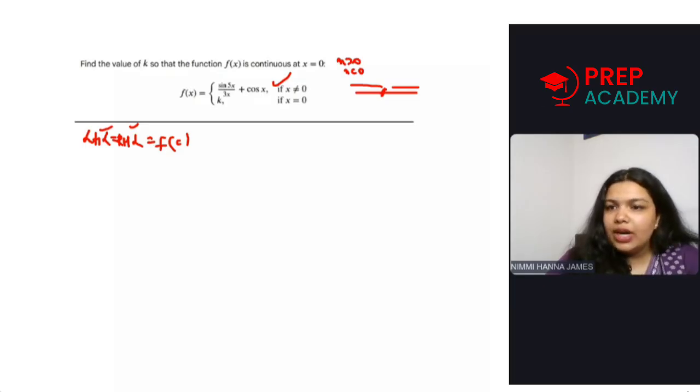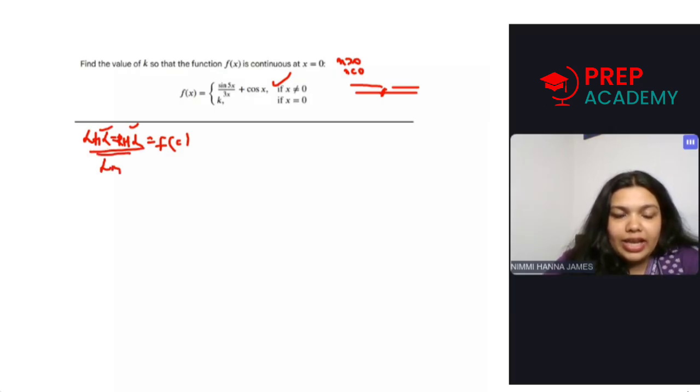So we don't have to find them separately. So both LHL and RHL will be the limit as x tends to 0. We have to check the continuity at x equal to 0. So we take limit x tending to 0 of f of x.